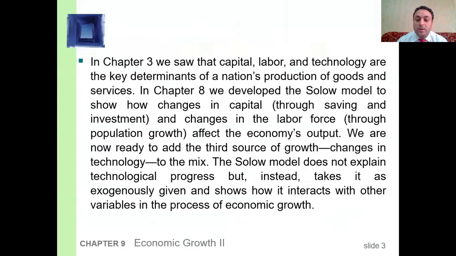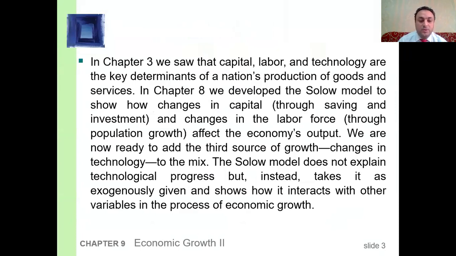effects on economic growth. As we saw before in chapter 8, according to the Solow model, changes in capital through saving and investment, and changes in the labor force through population growth, affect the economy's output and economic growth.